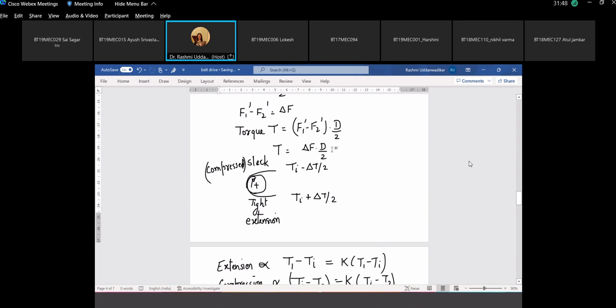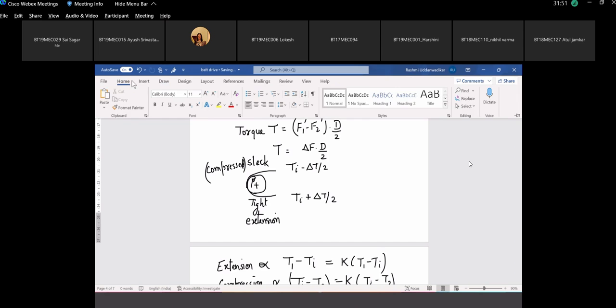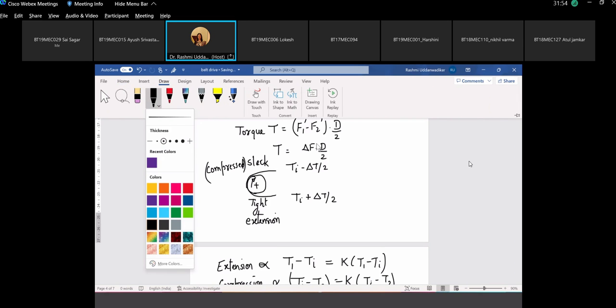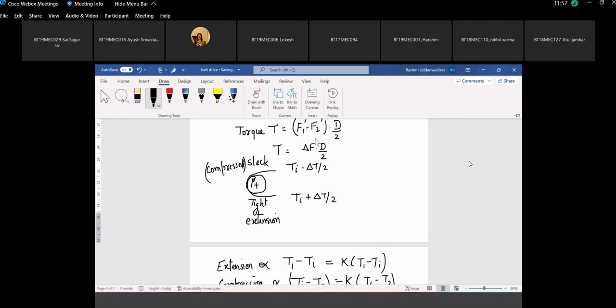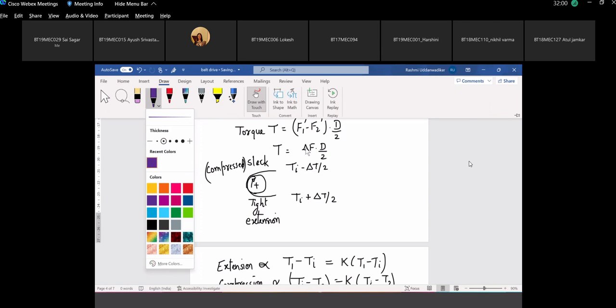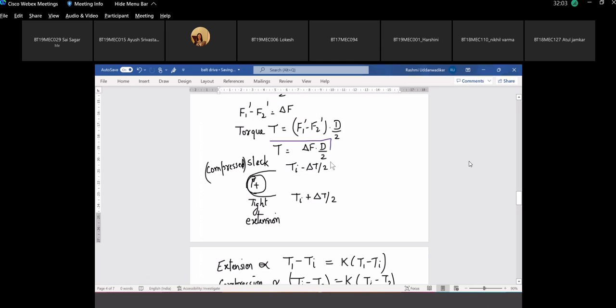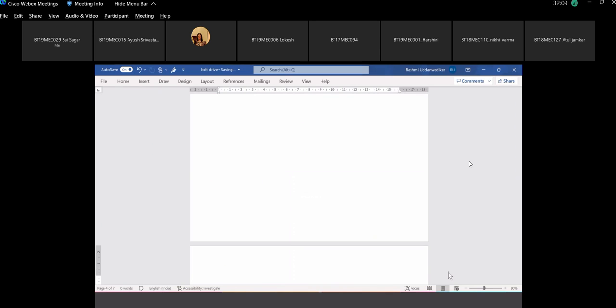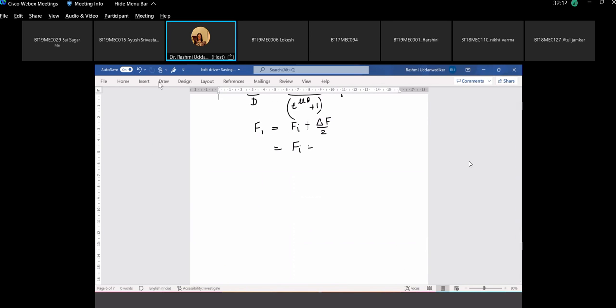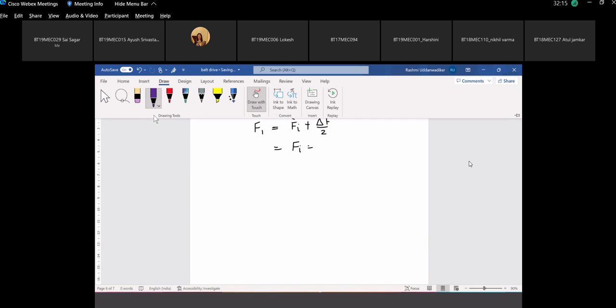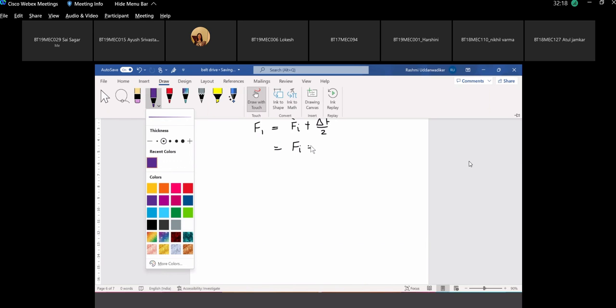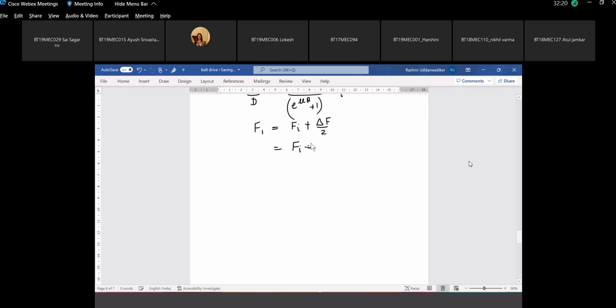So from this expression, del F by 2 is equal to T by D. So del F is T upon D by 2.